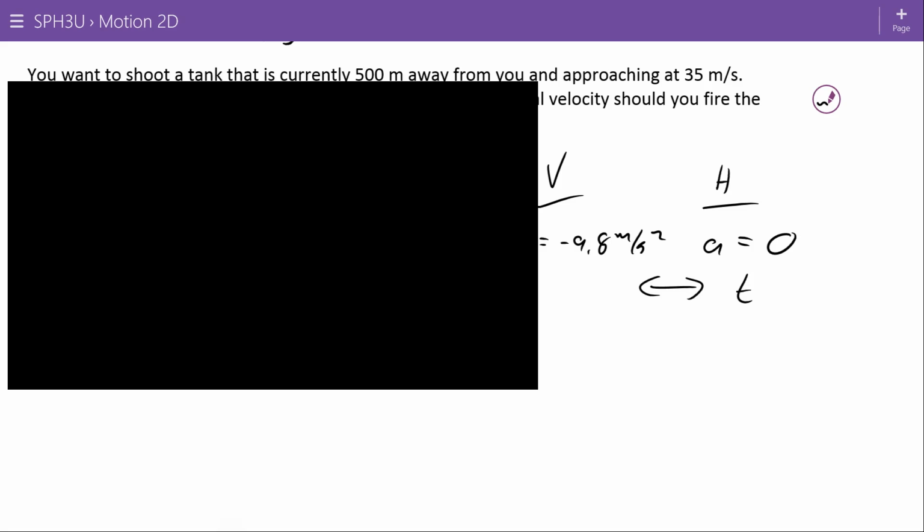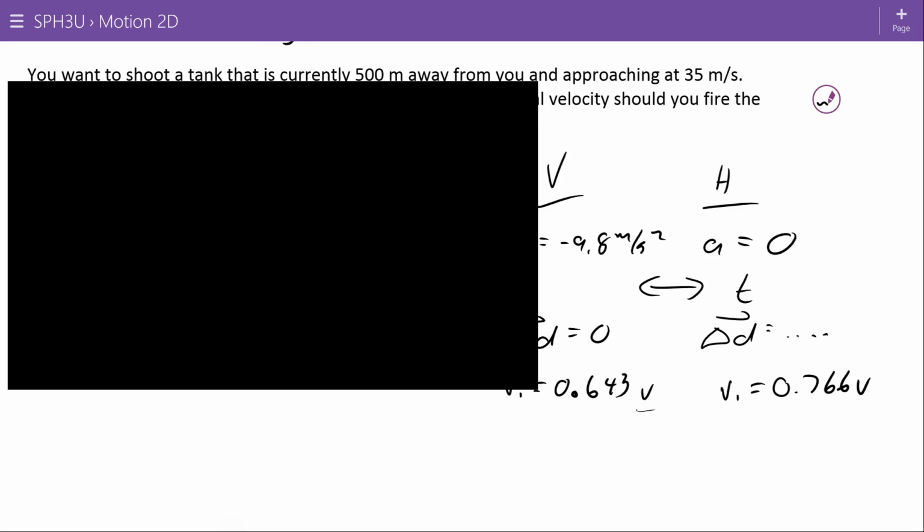Vertically, I want this object to come up and come back down to the same height, so I'm going to assume that my delta D here is 0. My initial velocity in the vertical direction is 0.643 v, and in the horizontal direction it is 0.766 v.